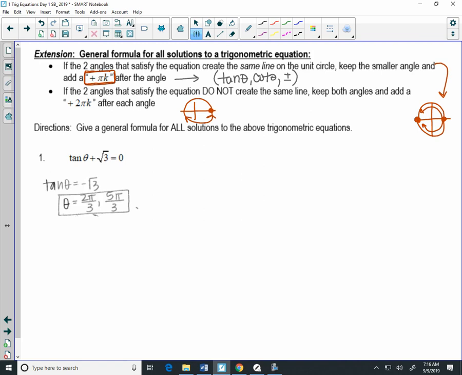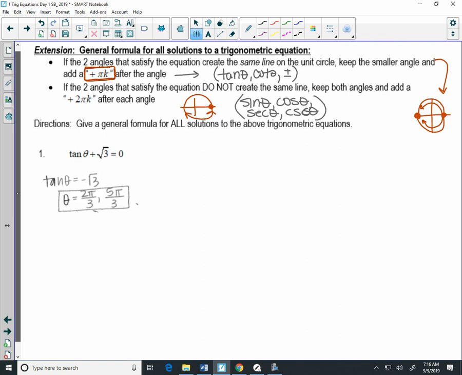For plus 2 pi k, you're going to do those in all your other situations: sine, cosine, most often secant, and cosecant, as long as you haven't forced that square root. Okay, so let's do some examples.